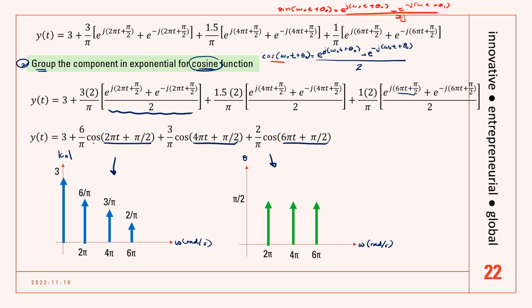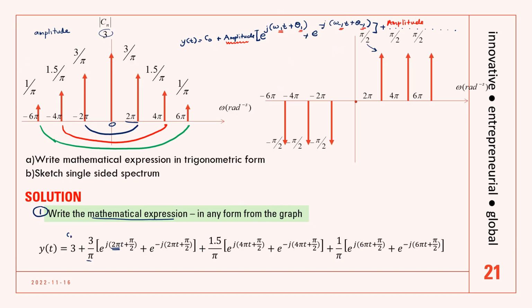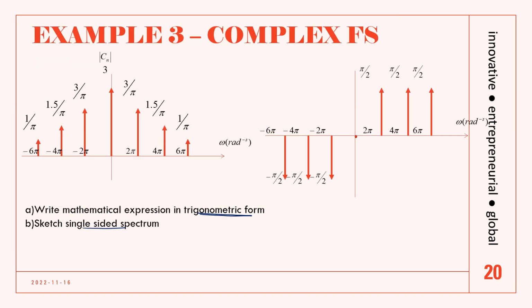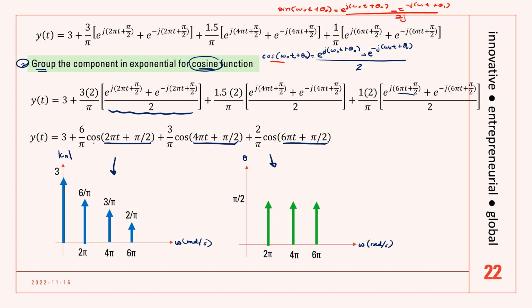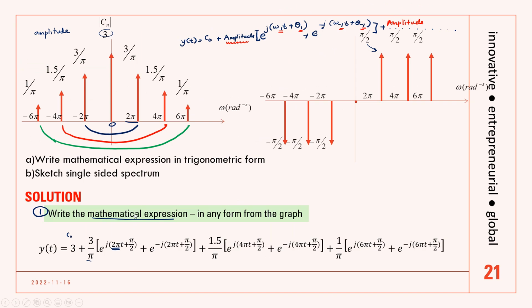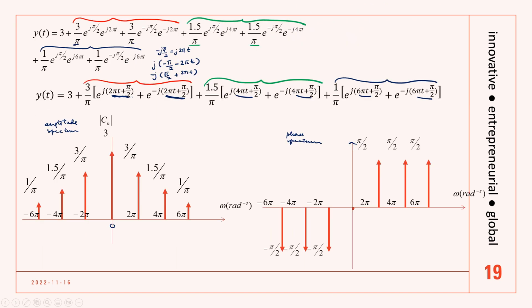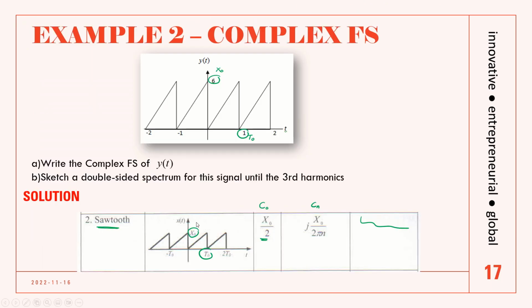Please look back at this method. Both ways you should know. Either they give you the spectrum and you need to sketch this signal, or they give you this signal and you need to sketch the spectrum.